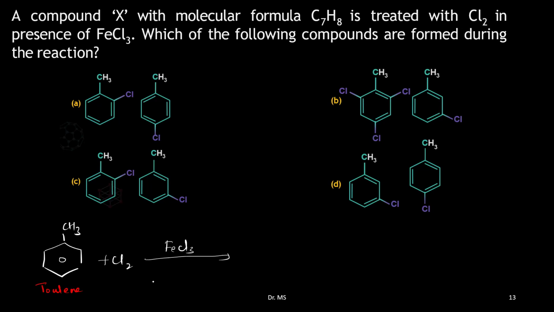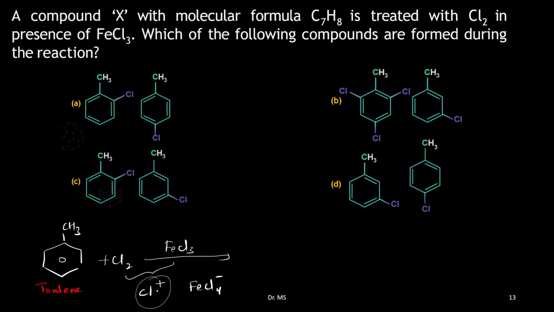This reaction will happen like this. In order to create this electrophile, we are using the FeCl3. So the chlorine reacts in the presence of the iron chloride to get the electrophile.